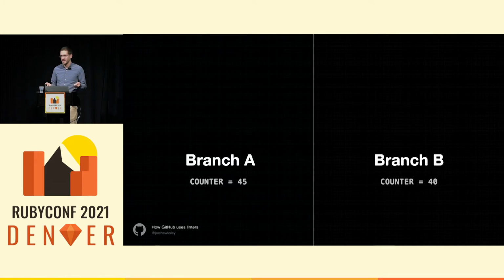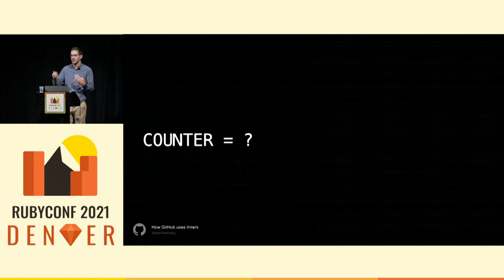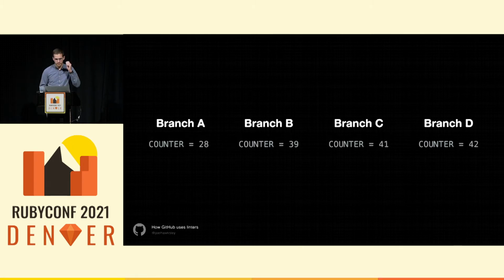And it's not a conflict that Git can resolve, because it's actually a result of running the linter. So what you need to do to resolve these conflicts is to actually go check out a branch and rerun the linter and update the count to be correct. This can be especially painful as we're deploying these changes one after another, say on a single day. As you can imagine, repeat this now with 4 people, and it's incredibly painful.